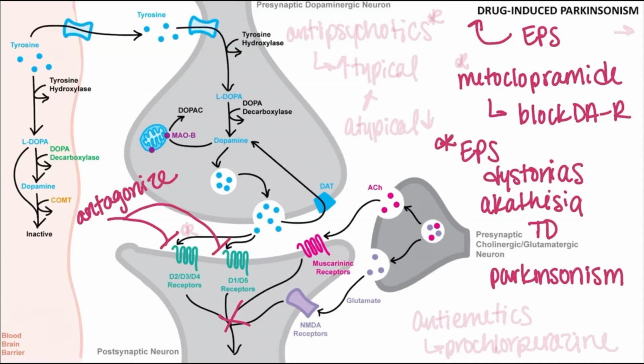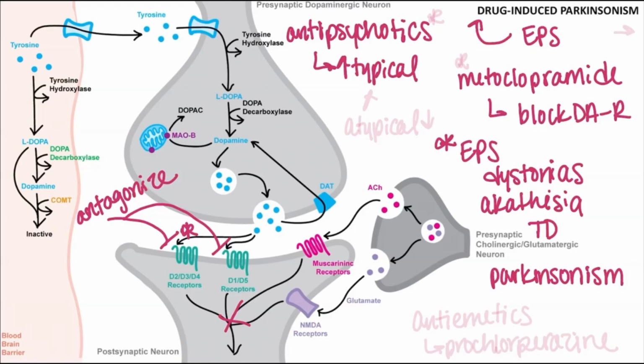So outside of metoclopramide, the drug class that is the number one culprit are the antipsychotics. And it is one of the primary reasons patient adherence can be challenging. But not all antipsychotics are created equally. So generally the risk of EPS is much higher with the typical antipsychotics that primarily antagonize those dopamine D2 receptors, like Haldol or haloperidol, for instance.